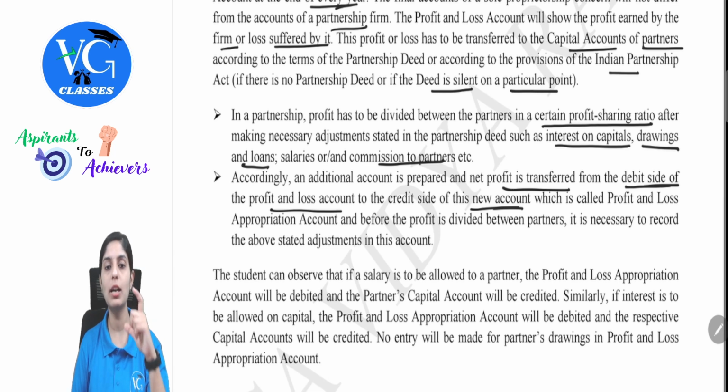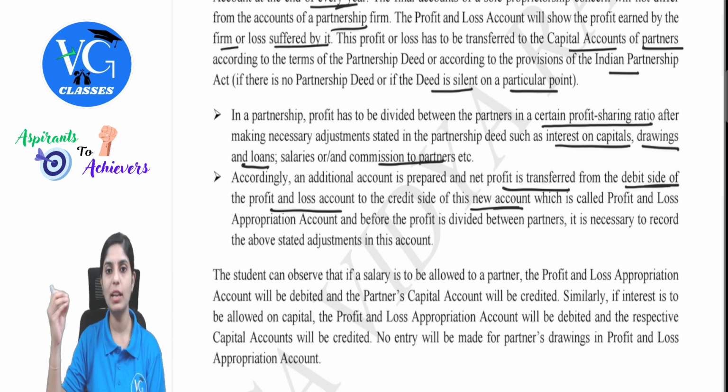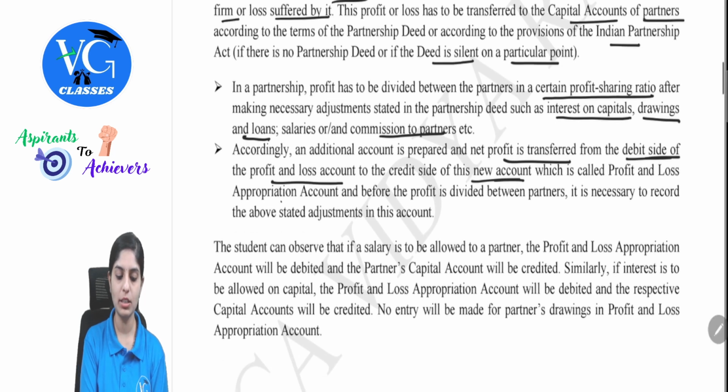Because if you imagine a profit and loss account, when there is a situation of arriving at net profit, it will be shown on the debit side. So how do we start with profit and loss appropriation? This will first be taken forward and then we will bring down that net profit and accordingly make the adjustments, which is called profit and loss appropriation.